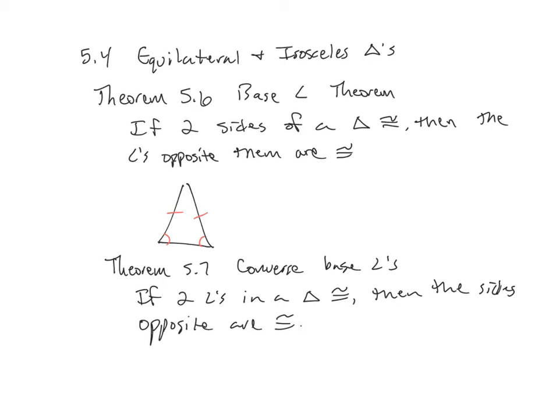So you can go either way basically. If you start with angles, you know the sides. If you start with sides, you know the angles. Okay, so that's, like I said, a pretty useful piece of information in solving some of these problems.